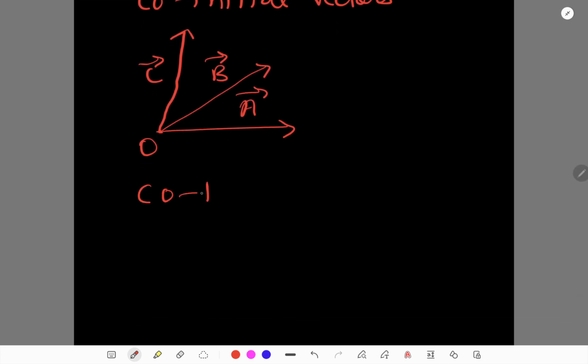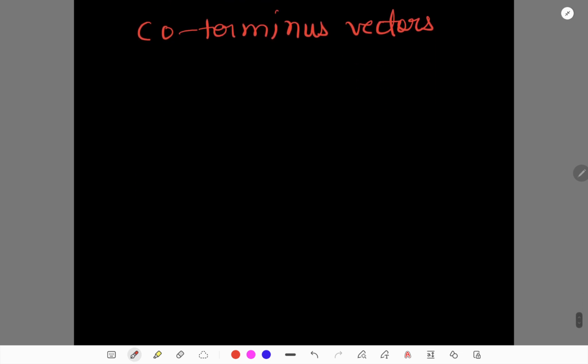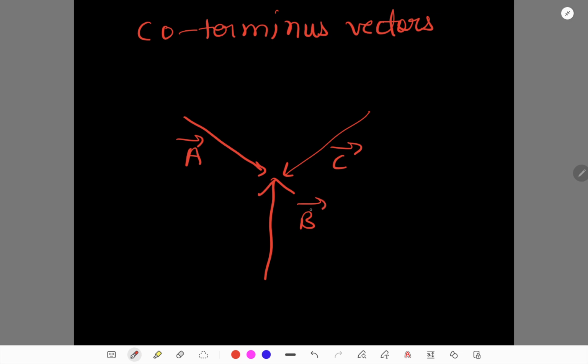Now co-terminus vector. Here you can see that all three vectors head to the same point. This point is called the terminal point.